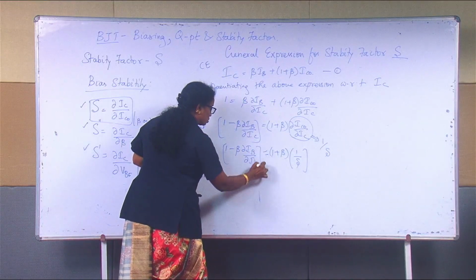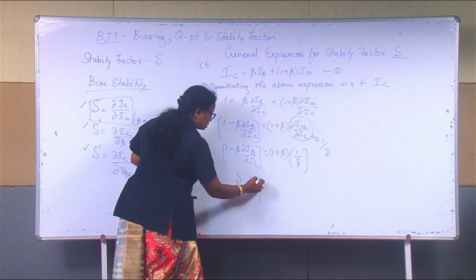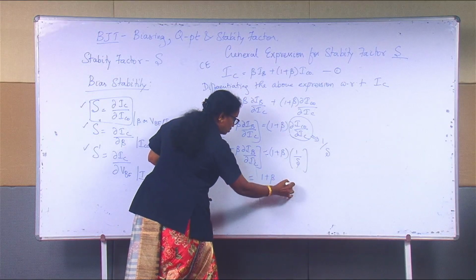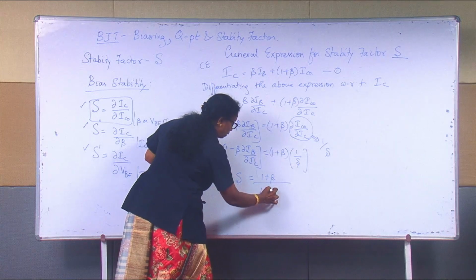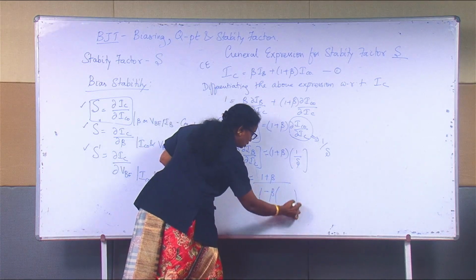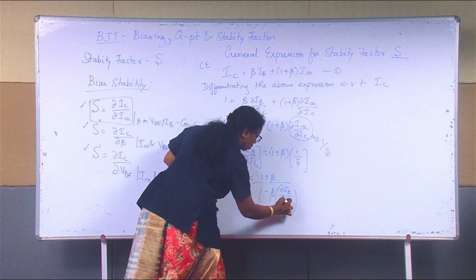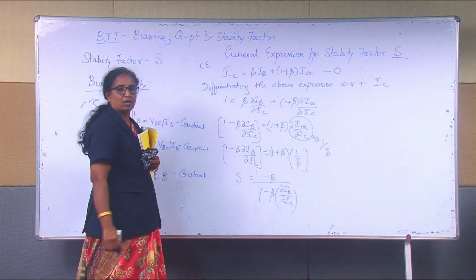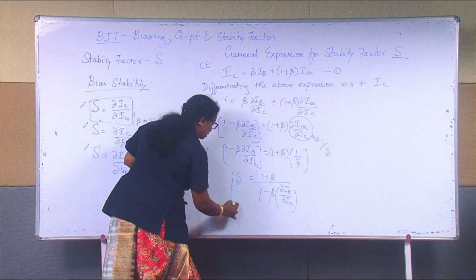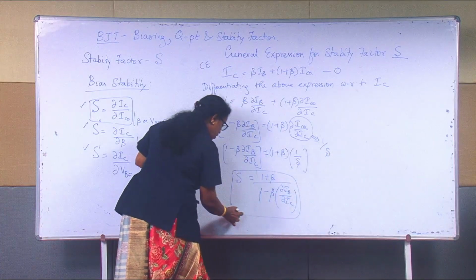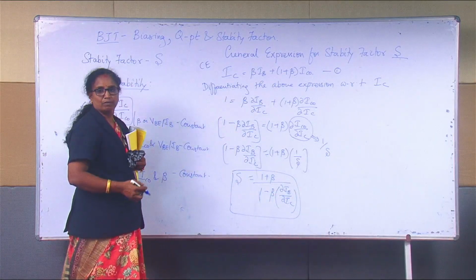So from this, what is S? S is equal to (1 plus beta) divided by (1 minus beta into dou IB by dou IC). So this is the general expression for the stability factor.